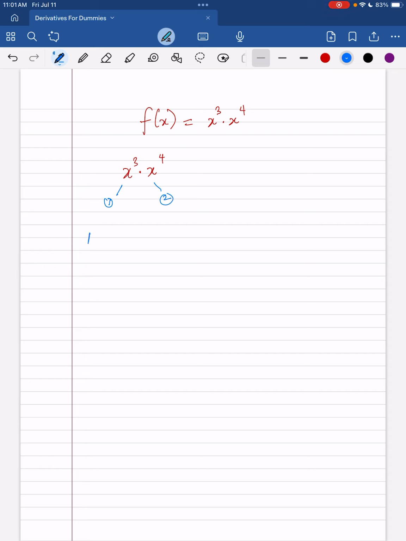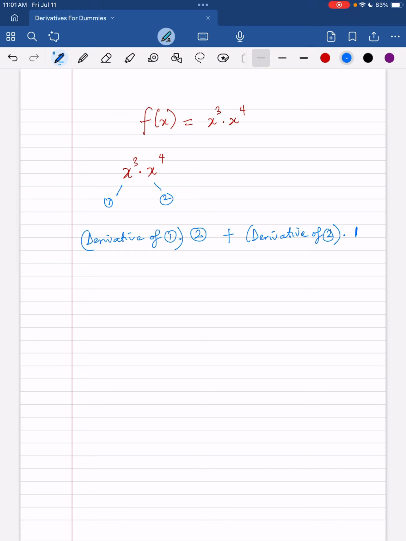Take the derivative of 1, multiply it by 2, then add it to the derivative of 2 and multiply it by 1. That's basically what the product rule is.